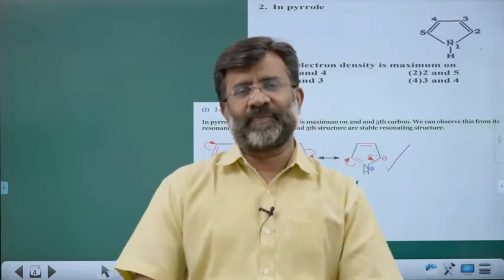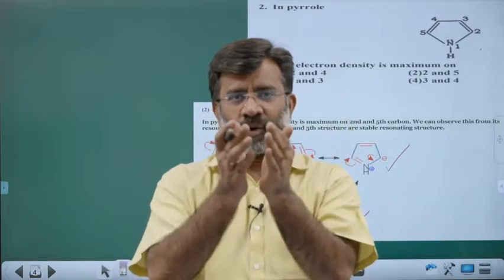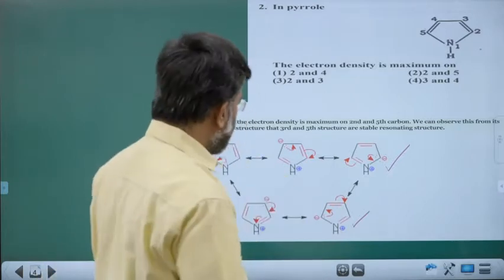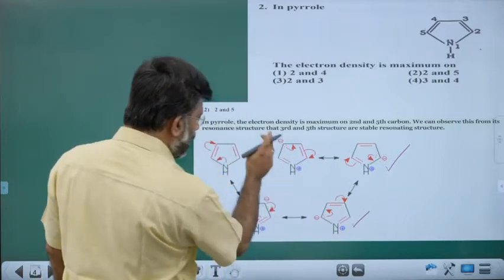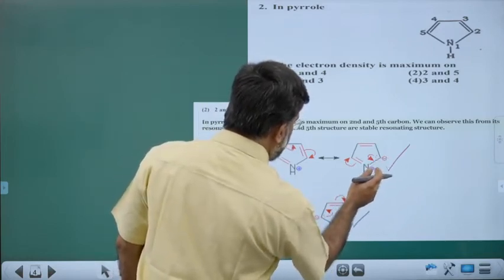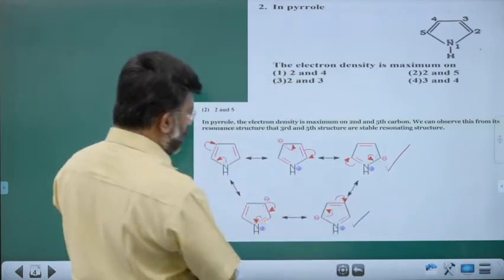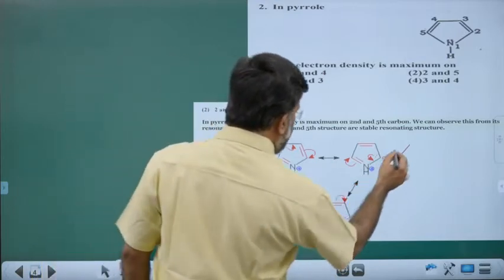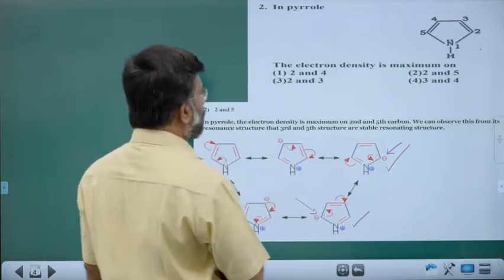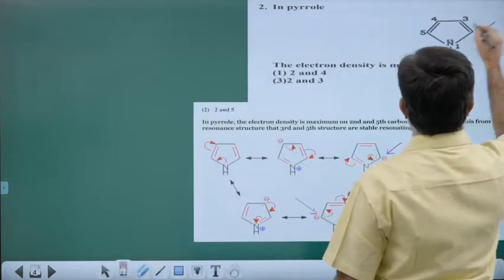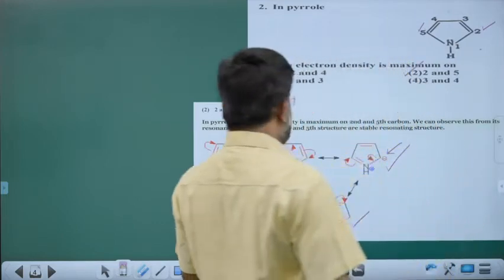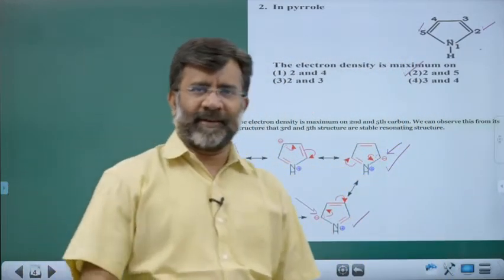Like charges are not too close, while unlike charges are not too far apart. Here, the unlike charges are not too far apart. So, these two structures are more contributing structures, where you find a minus charge over this position and minus charge over this position. That means 2 and 5 will be more electron density region. Answer is second choice. Okay, next.